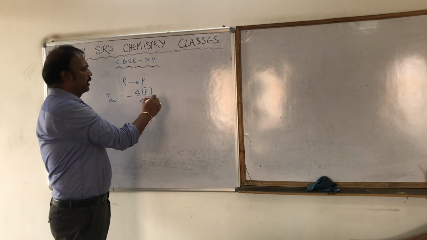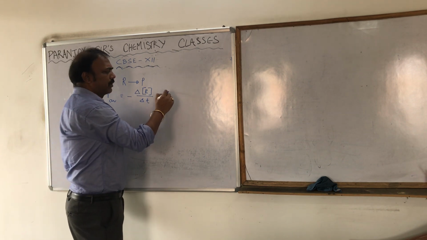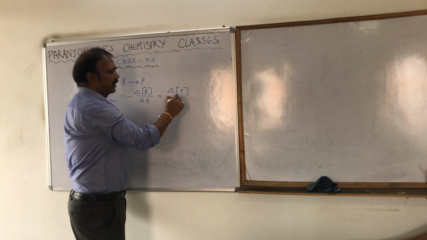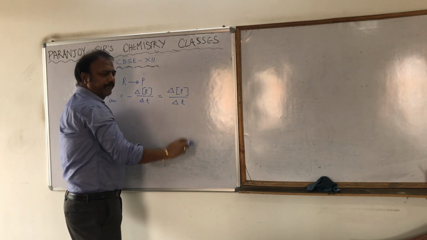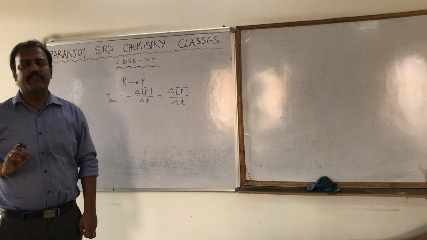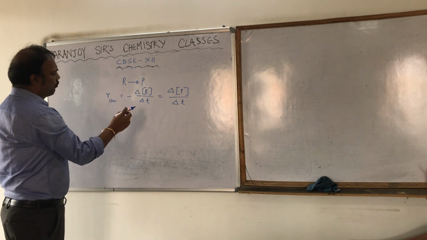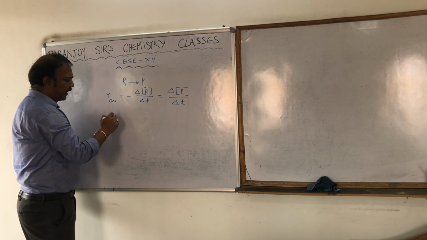And in terms of product it is positive, so it is equal to plus delta concentration of P by delta T. That we had seen. Clear?